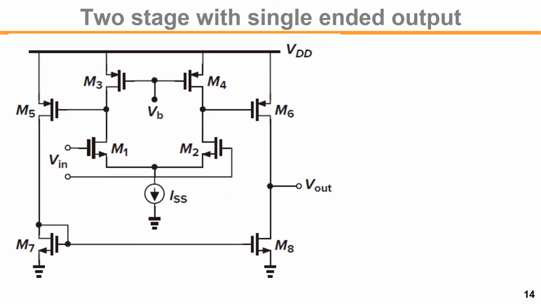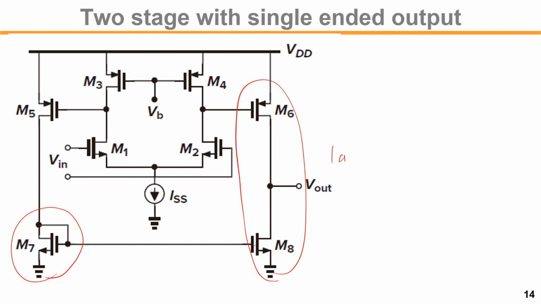In the previous example, a fully differential amplifier was used. For that case, typically CMFB is required. And for this single-ended output, we have a diode connected load, so that in the final stage we have a large enough swing range, and no CMFB, because this is single-ended output, right?